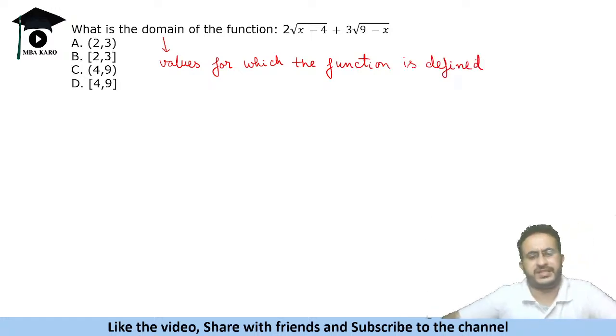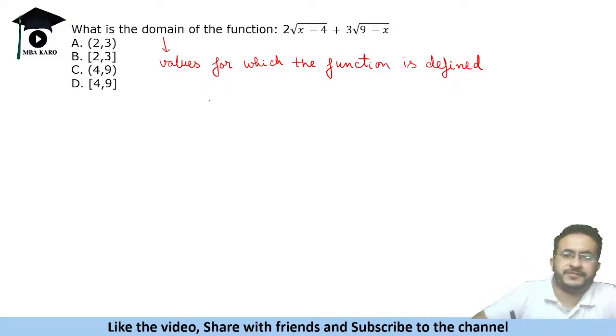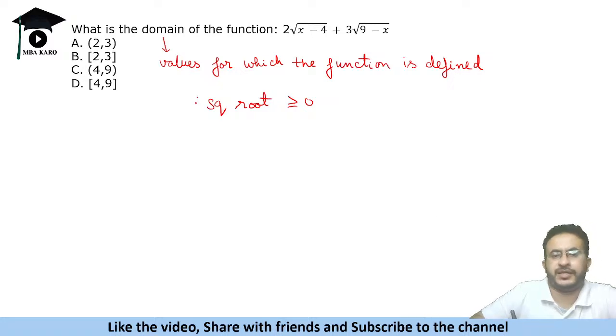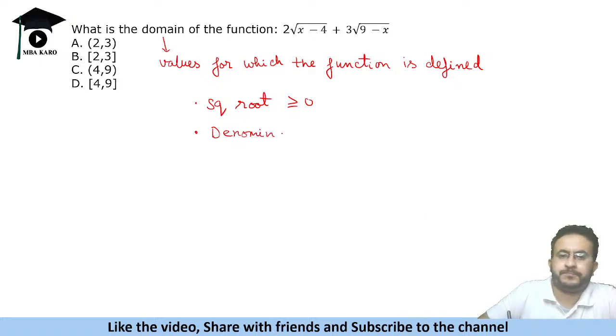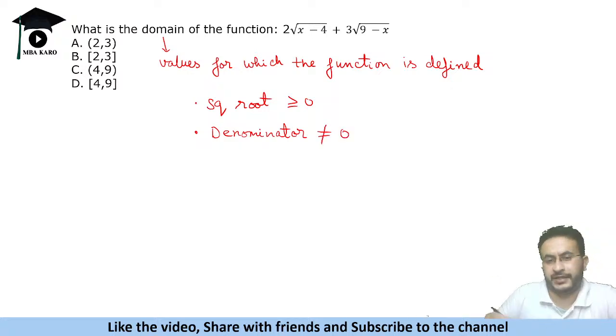Now, some places where the function may not be defined is, like in this case, the square root. So always remember that if there is a square root, it is always greater than or equal to zero. Another case is the denominator, if a fraction is given, the denominator should not be equal to zero, so you remove that case.